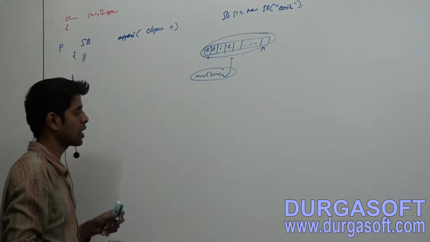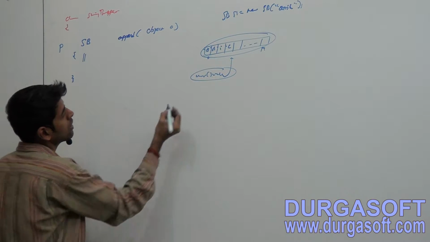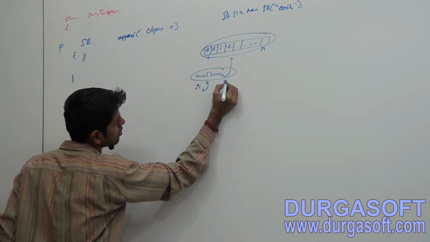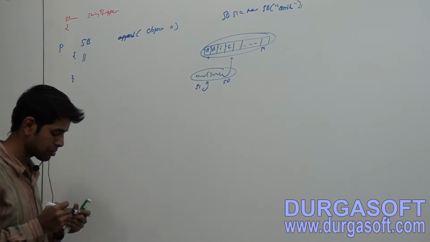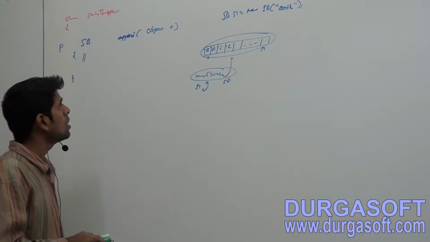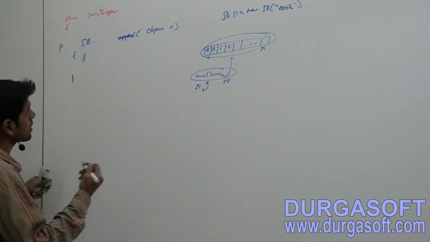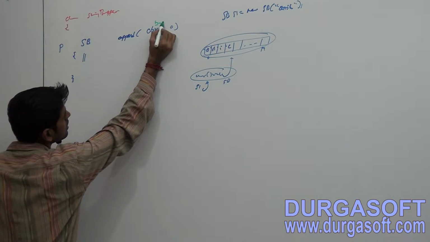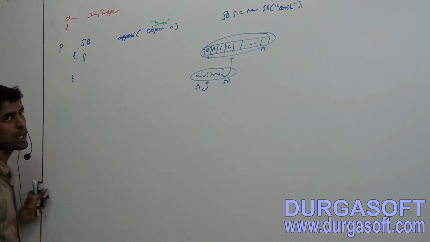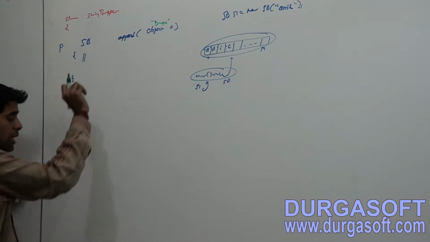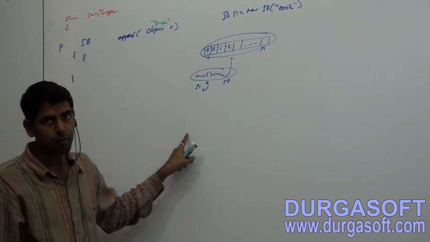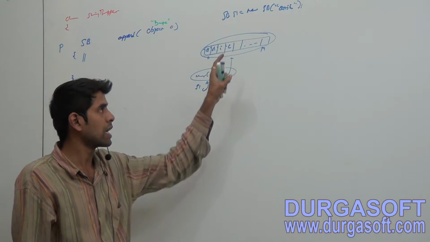Friends, observe here, let it be S1 StringBuffer object. If I pass here an argument as byte, let it be just byte. What happens means, this method will access the old object data.